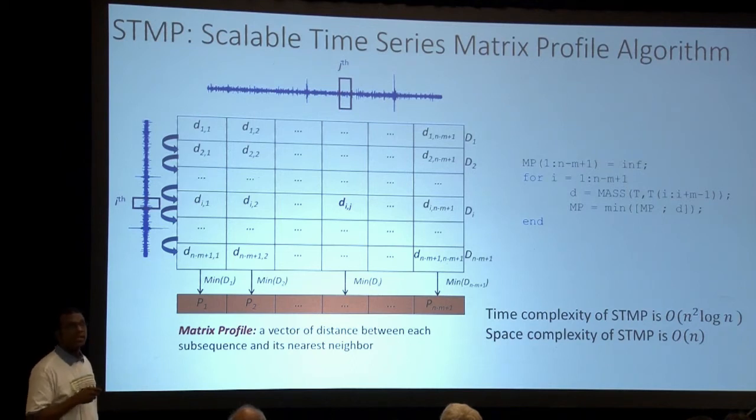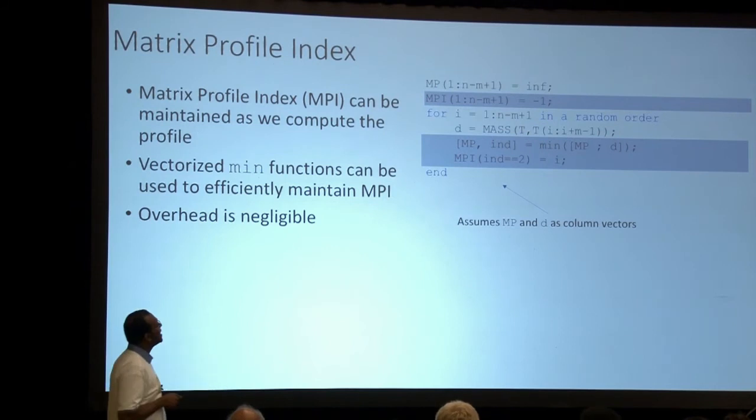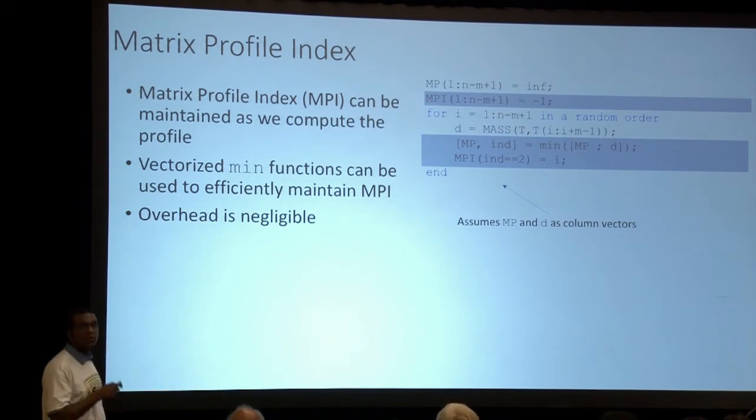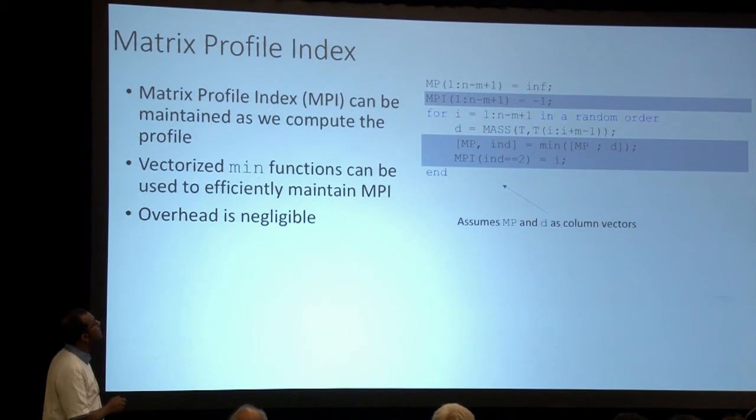Question is, can we make it better, right? But before that, let me also say that, since we need the matrix profile index, does it add any overhead, or is it costly? Actually, no, because you keep a matrix profile index as your iterative variable, and basically you initialize with -1, and whenever you calculate the minimum, you update the matrix profile index as well.